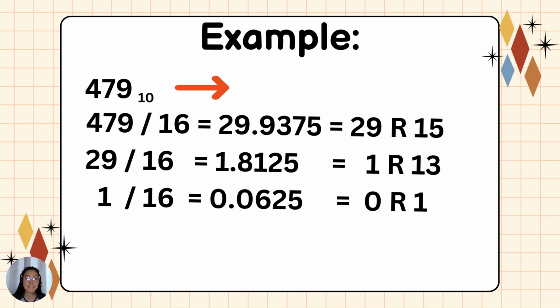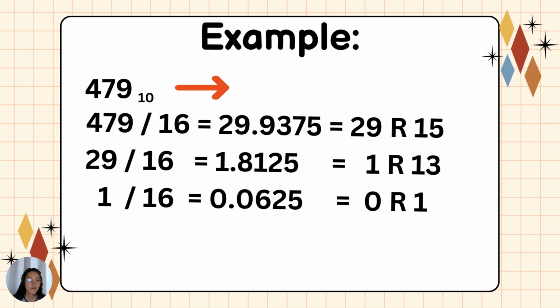So 16 times 0.9375 is 15. So 29 remainder 15. So we will copy again 29 divided by 16 equals 1.8125. So we will copy again the whole number, which is 1, here at the answer, and then multiply 16 times 0.8125 for the remainder, which is 13.